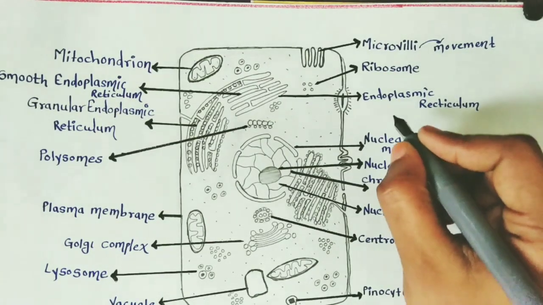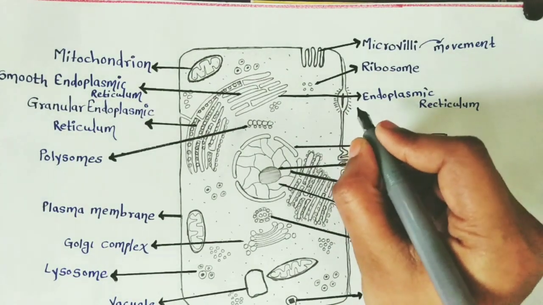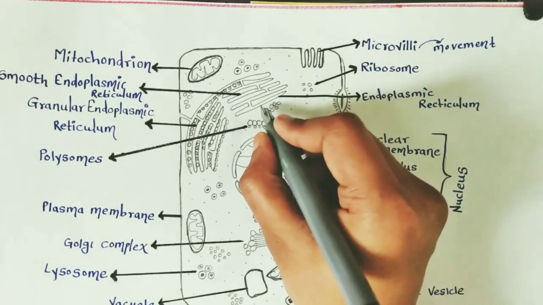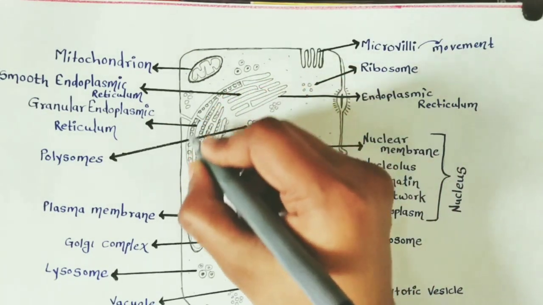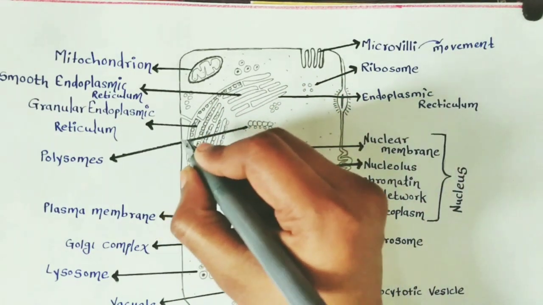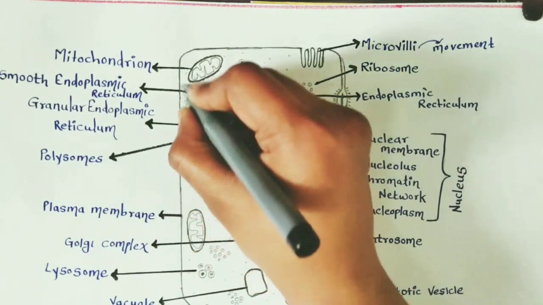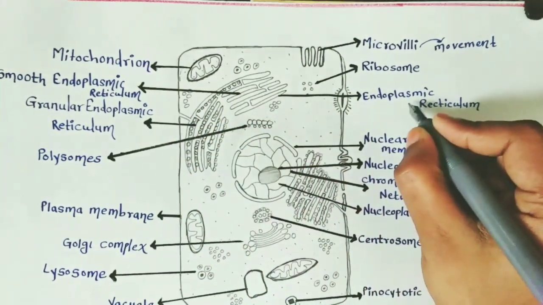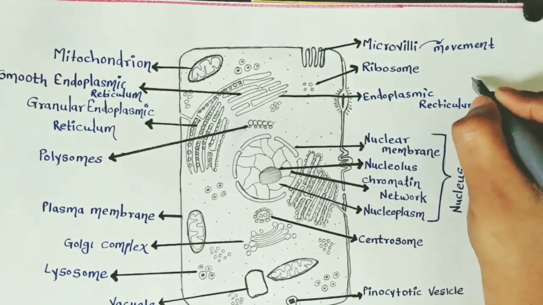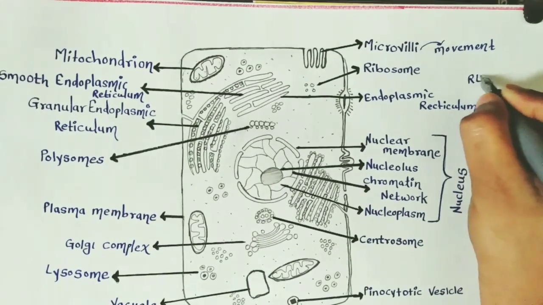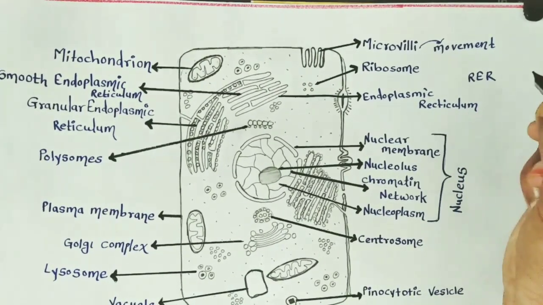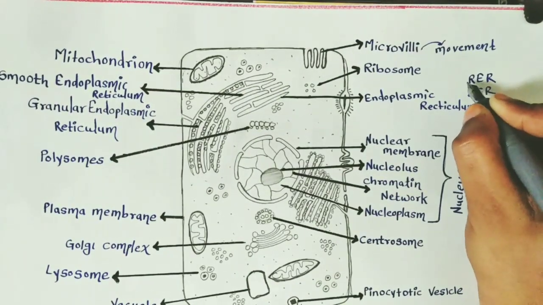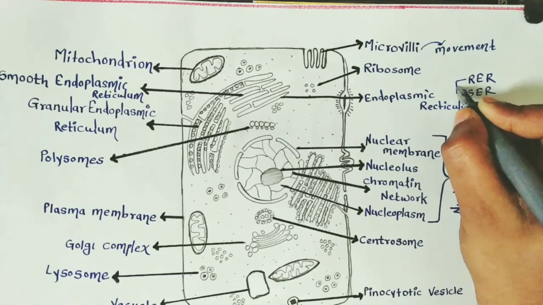So the next point is the endoplasmic reticulum. Endoplasmic reticulum is spread throughout the cell. It is also attached to the membrane of the cell, as shown in the diagram. The endoplasmic reticulum is of two types on the basis of ribosomal attachment: RER, the rough endoplasmic reticulum, and SER, the smooth endoplasmic reticulum.